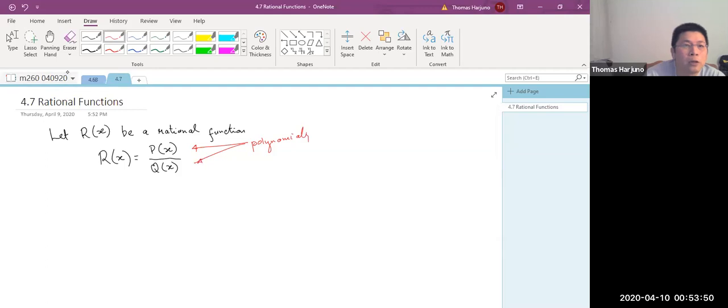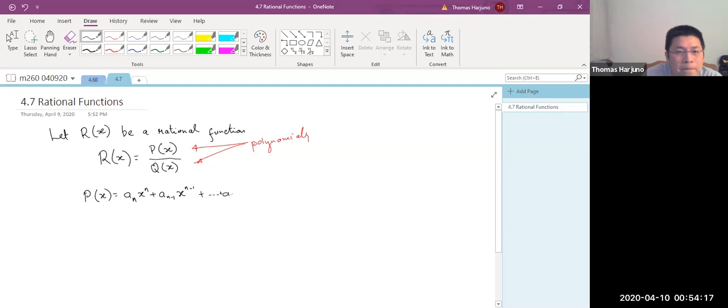Okay, now furthermore, as for notation, for P(x), I will use a for the coefficients and n for the degrees, while for Q(x), I will use b for the coefficients and m for the degrees.